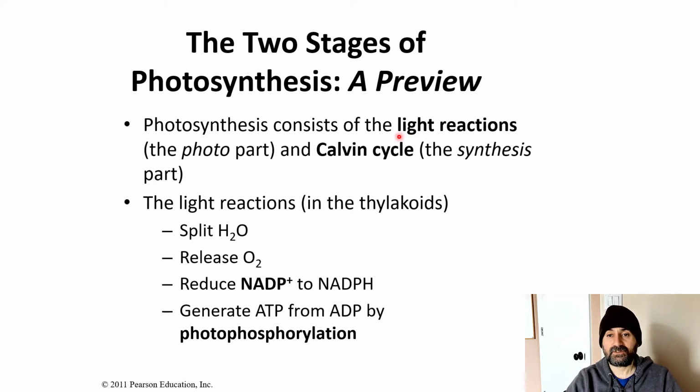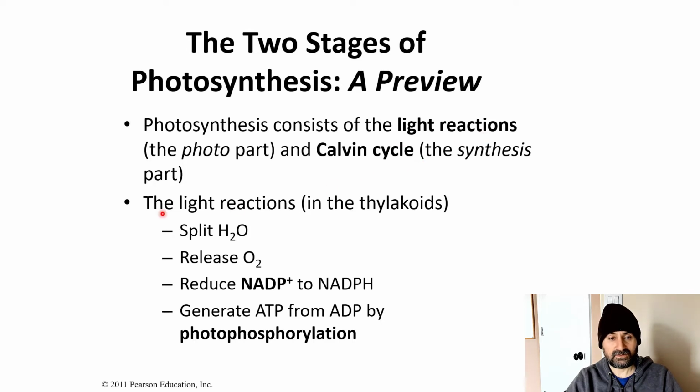Remember, the first component or stage is called the light reactions. And then the second component or stage is called the Calvin cycle. Now, you should know what are the reactants and products of the light reactions, and you should know what are the reactants and products of the Calvin cycle. So let's cover that together.